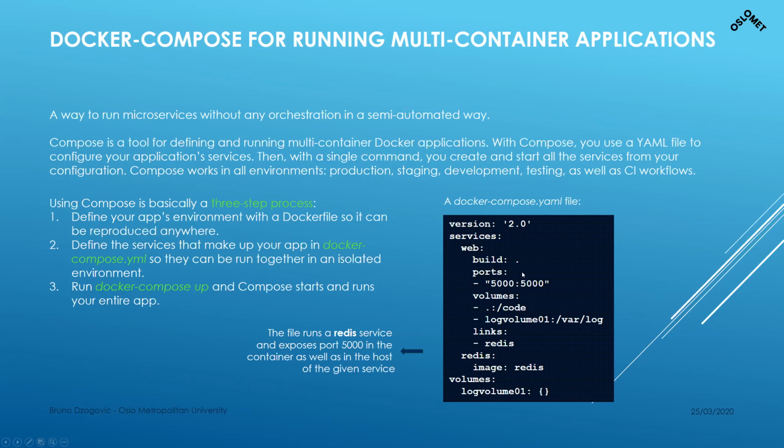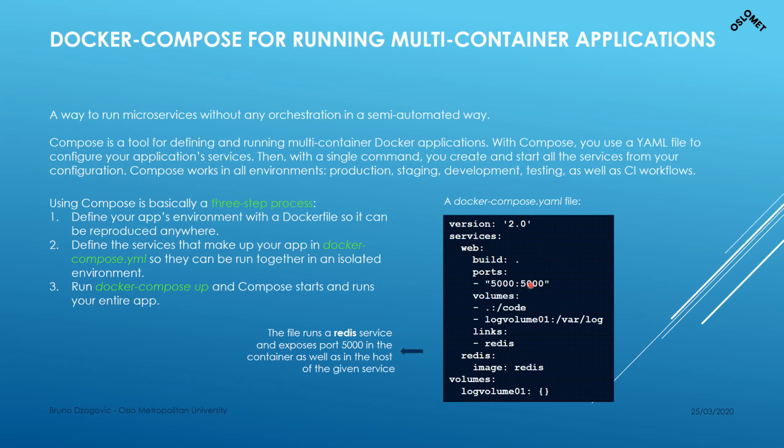For example, this file will run a Redis service, and it will build the web service. It will expose port 5000 on your host and on your container. So you can put, let's say, a translation of ports 8000 to 5000.